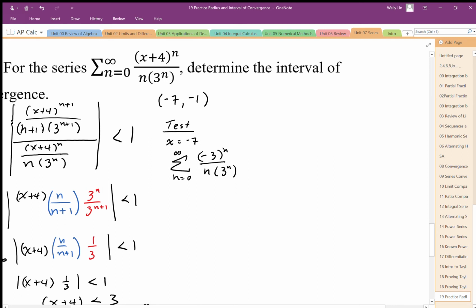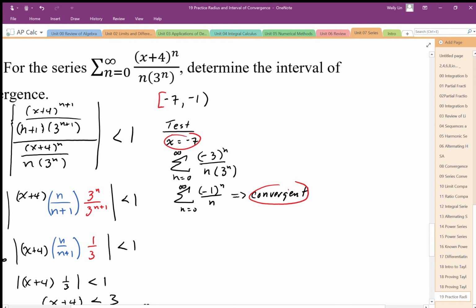So that makes this an alternating harmonic series. Okay, so n equals 0 to infinity, this is going to be negative 1 to the n over n when I simplify that exponential out. This is convergent.